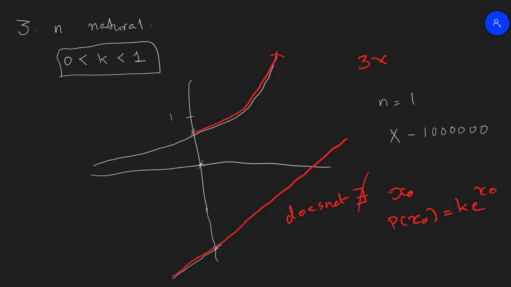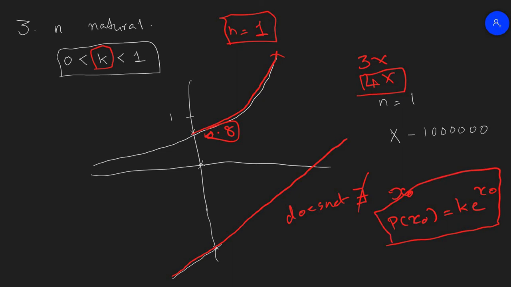And for the fourth option, you can take this example as a counterexample to claim the fourth option is also wrong, because we have taken n to be 1, so it is odd, and we have taken k to be some number, say 0.8, and we have shown that it satisfies all the conditions in the fourth option, but the graph doesn't meet, or there does not exist any point which satisfies this equality. So options 1 and 2 are correct, and 3 and 4 are not correct.